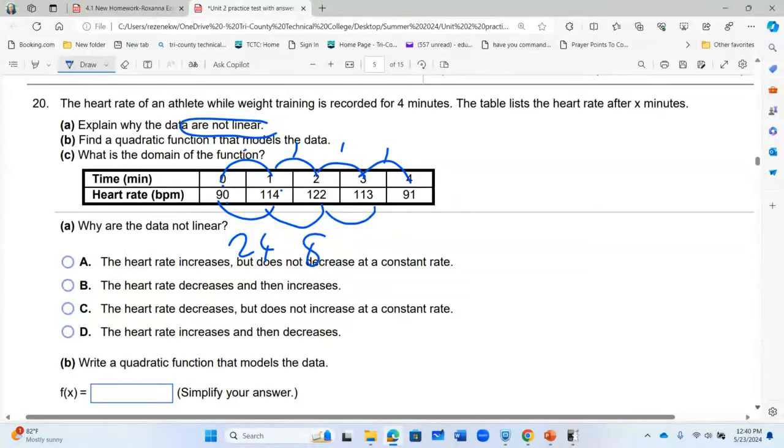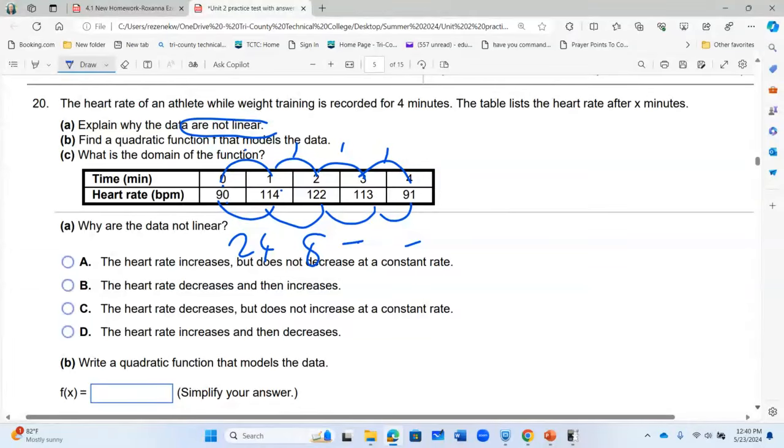You see, this is actually negative, and this is going to be negative again. Therefore, the differences between consecutive values on the y-axis are not equal, therefore it is not linear.